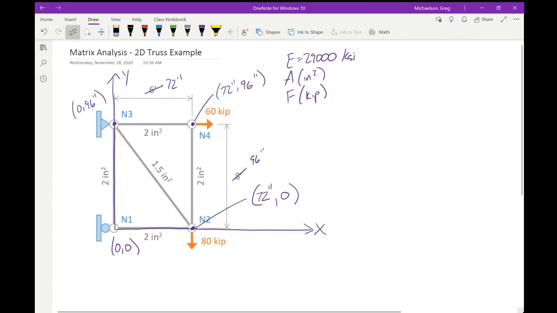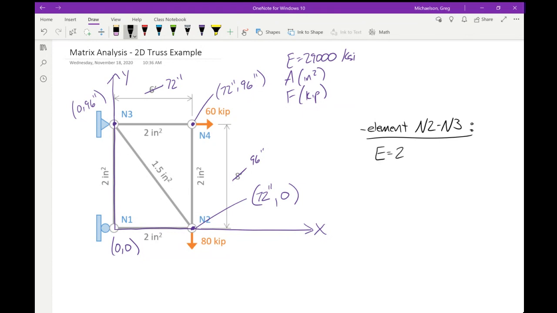All right. Okay. Let's look at element N2, N3, right? So let's write down some data that we know about this element. E is 29,000, right? Its A is 1.5. Now, I'm going to go through the length calculations a little differently, but later.